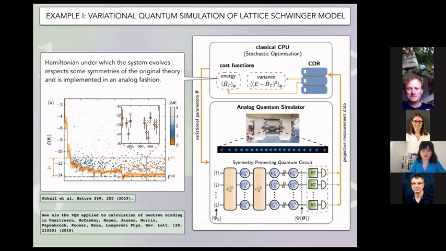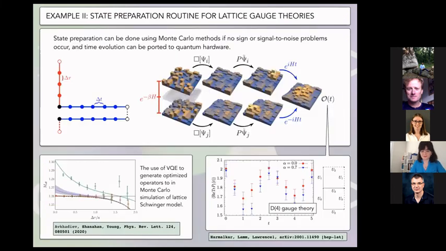And of course, the very first example of this for nuclear physics applications that generated a lot of excitement was a VQE applied to the deuteron problem on an IBM device. And the example that I'm showing in this slide is for the Schrödinger model that came out of the Innsbruck group.